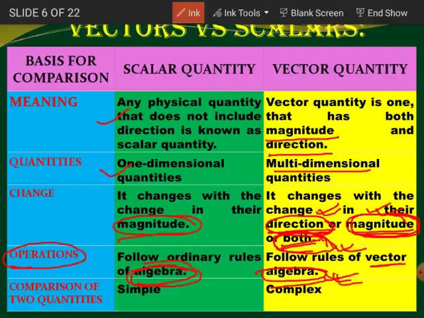We will tell you later on, but you can also say that addition, subtraction, multiplication or division will follow the geometry, not simple algebra. A scalar is a very simple quantity, whereas a vector quantity is a very complex quantity.